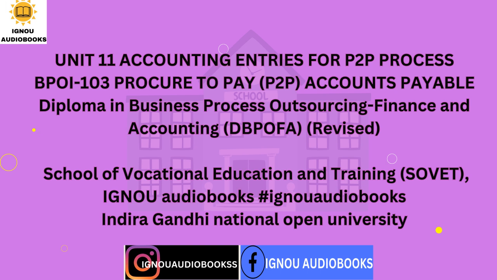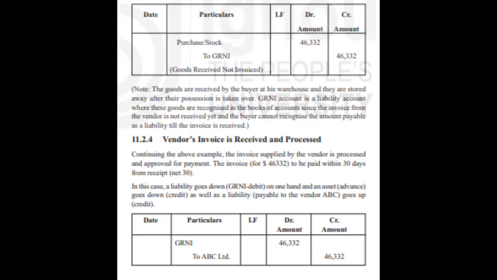Step 2: A purchase order is raised by the buyer. Continuing the above example, the procurement department reviews the purchase requisition and raises the purchase order for 55 tons of raw material costing $780 per ton plus taxes, gets it approved and sends it to the vendor, ABC Ltd. In this case, there will be no accounting transaction recorded.